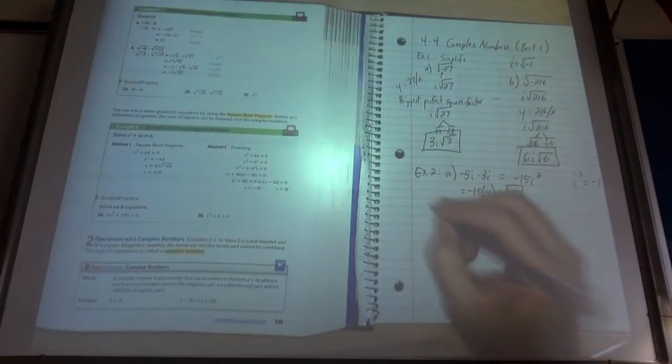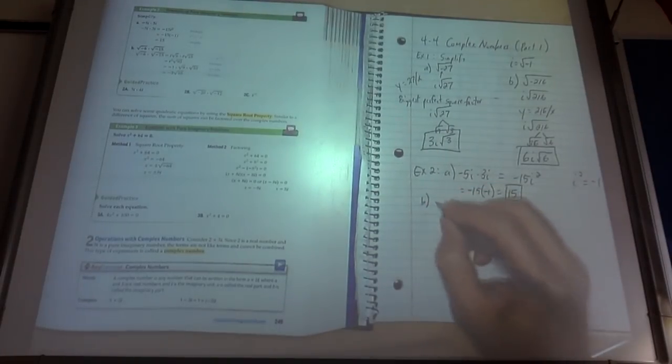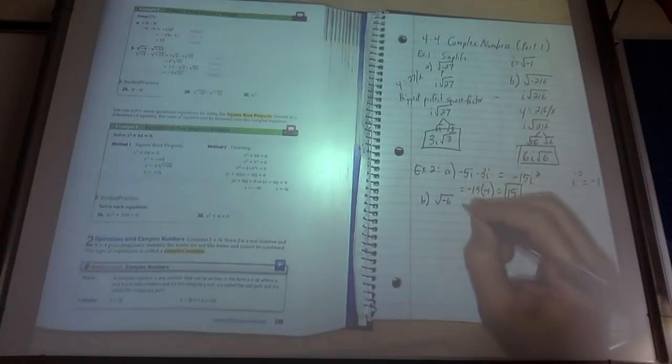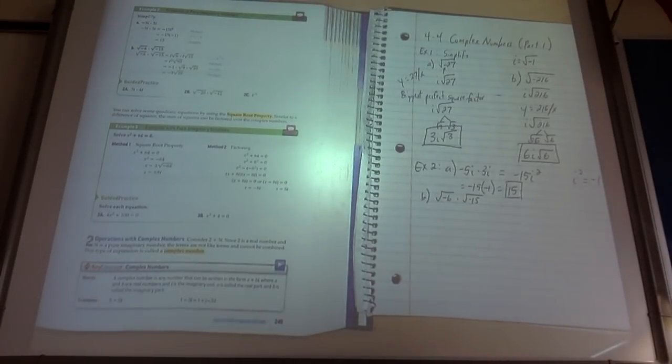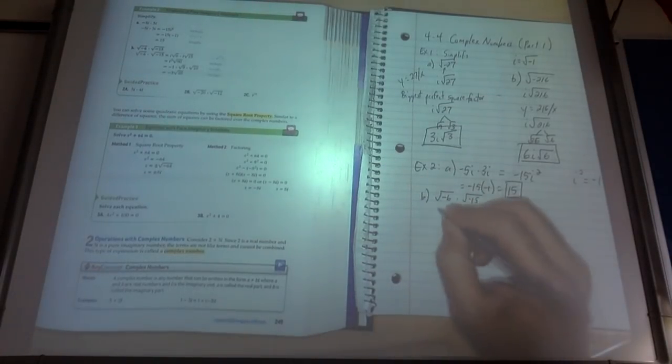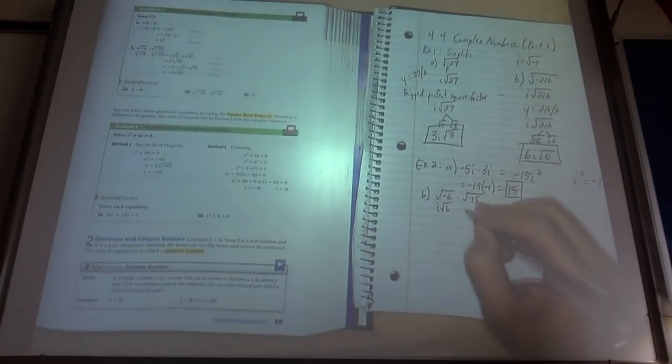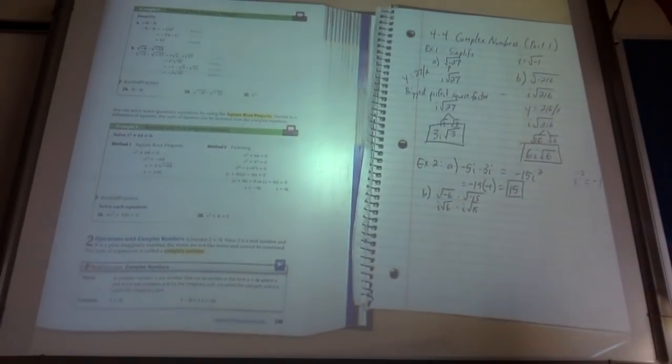Same thing, example B, with radicals. The square root of negative 6 times the square root of negative 15. We multiply the insides together, but you need to get the i's out first. Don't just do negative 6 times negative 15 yet, so we're going to rewrite this as i radical 6 times i radical 15.